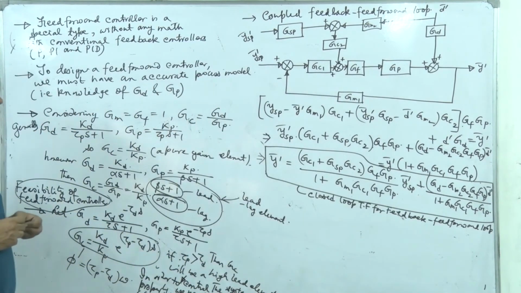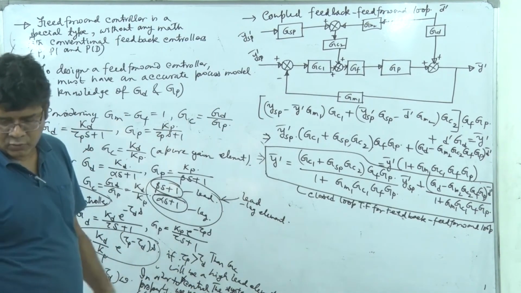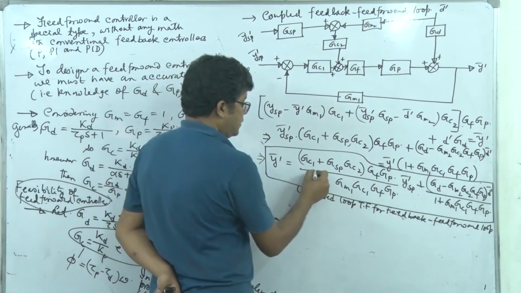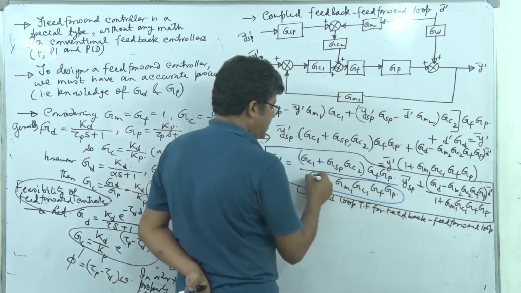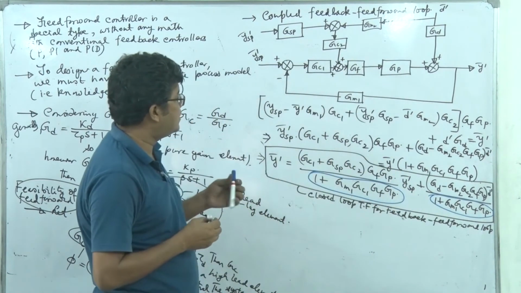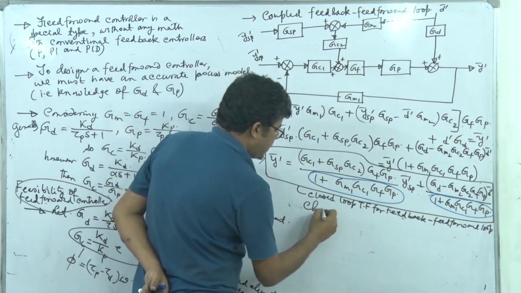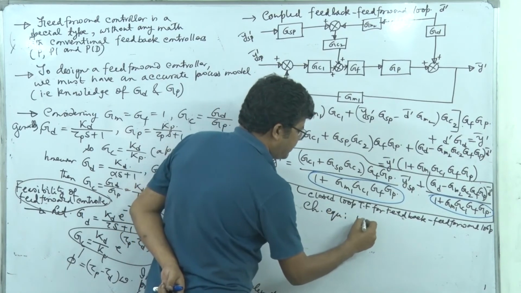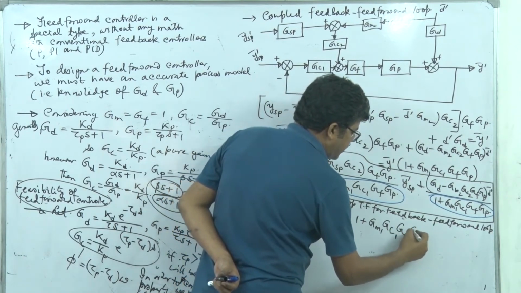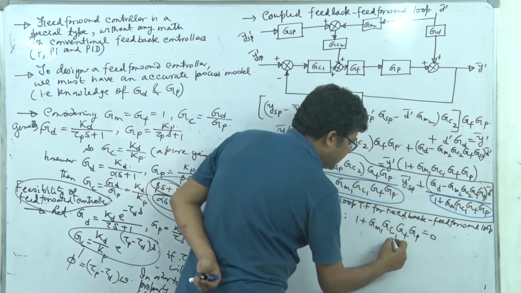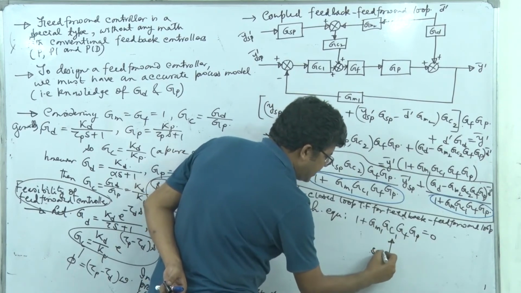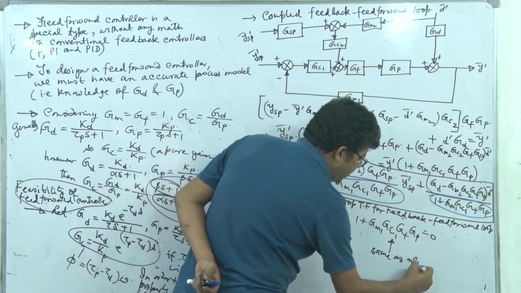Right. So what's very important to understand, and an interesting observation, is this denominator. If I ask you what is the characteristic equation? The characteristic equation of this combined feedback feed forward loop is 1 plus GM1 GC1 GF into GP equal to 0, and you can immediately understand that it is the same as only the feedback loop.